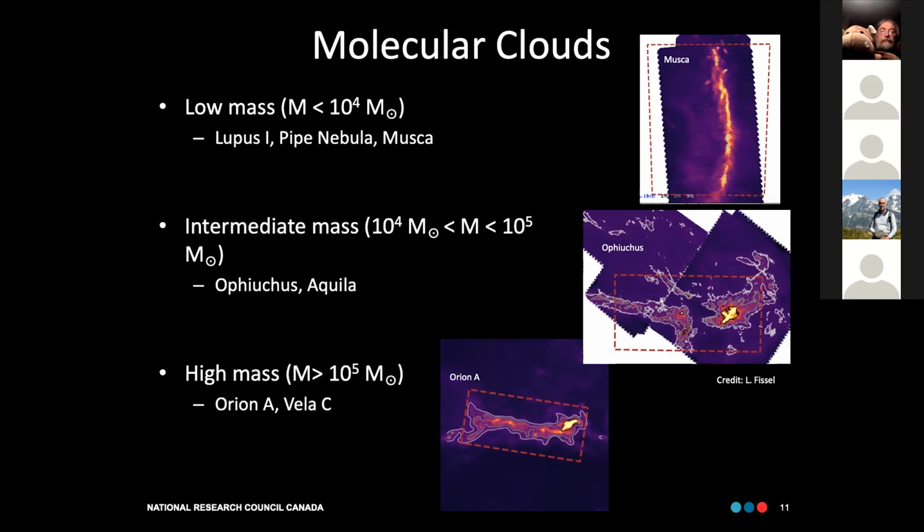For intermediate mass clouds, we plan to study Ophiuchus and Aquila, which have been observed in previous observations. For example, Ophiuchus has been observed by Planck as well as the James Clerk Maxwell Telescope. For high mass clouds, we plan to observe Orion A and Vela C, which both are of particular interest in the star formation community.